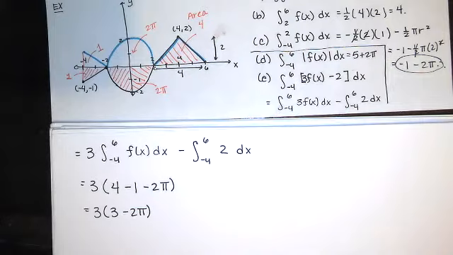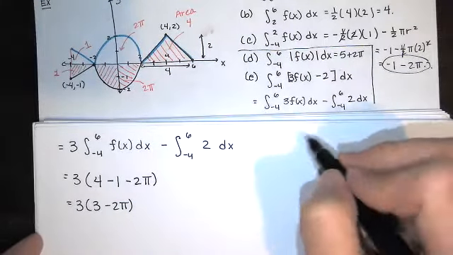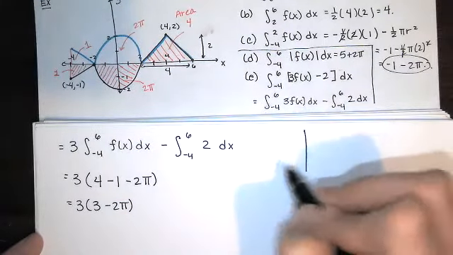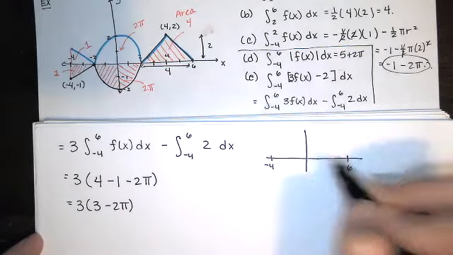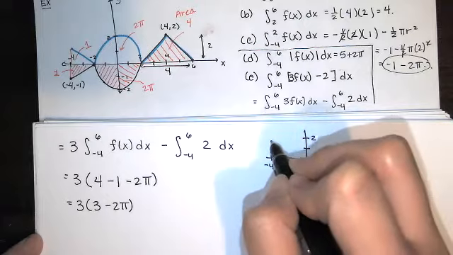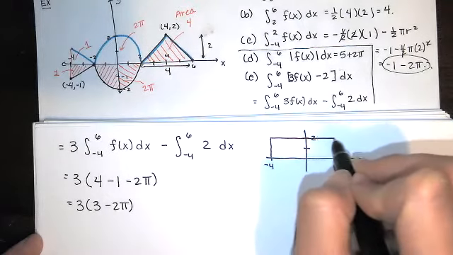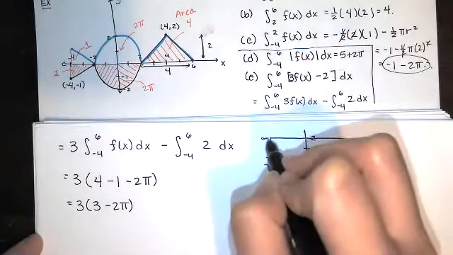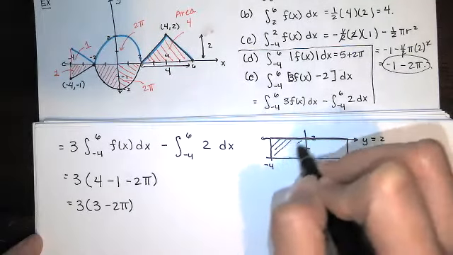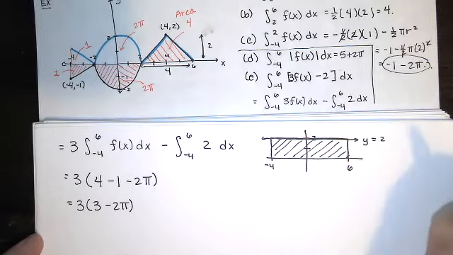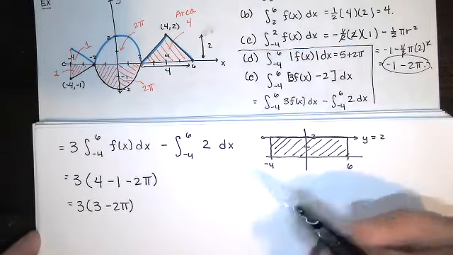Now this one isn't pictured there, but we could draw it. So I'm going from -4 to x equals 6, and I want y to equal 2 the whole time. So there's my function, y equals 2, and I want that area. Well, that's just a rectangle.